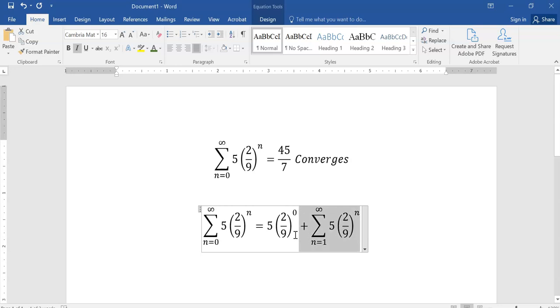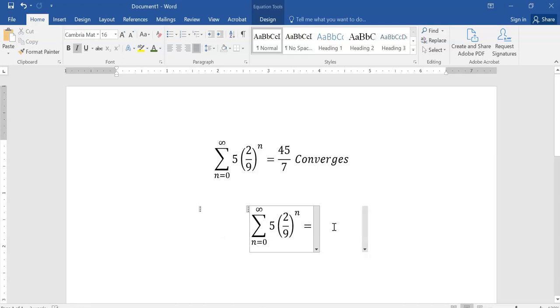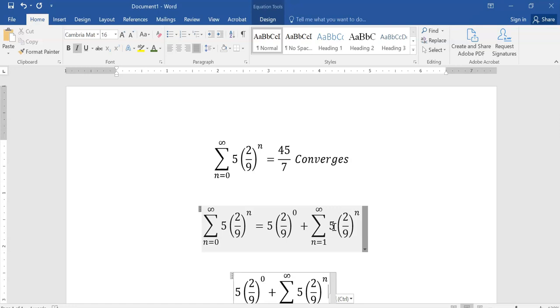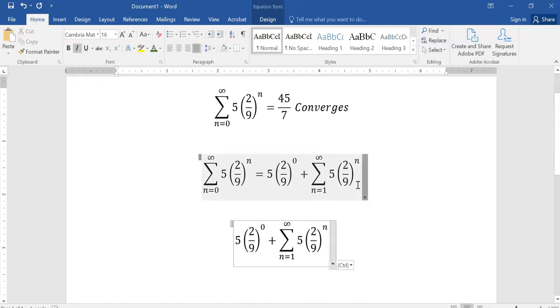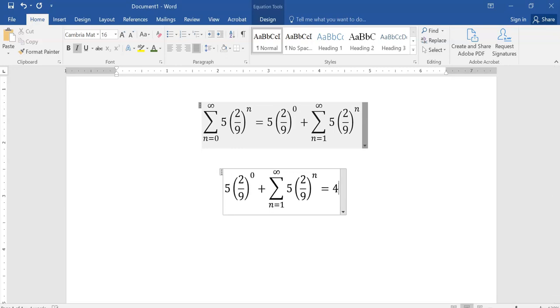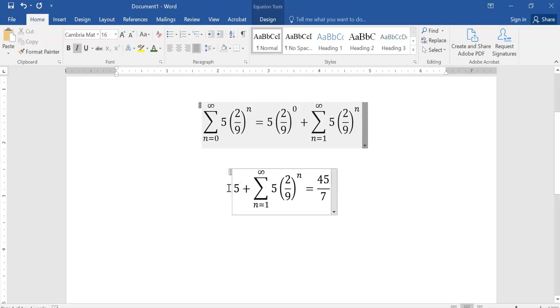Since this sum from 0 to infinity is 45 sevenths, all we have to do is subtract 5 from both sides.